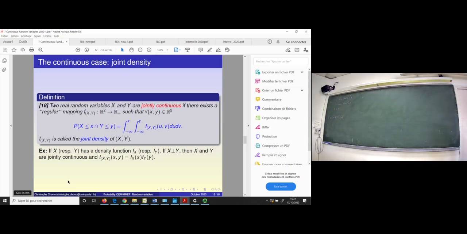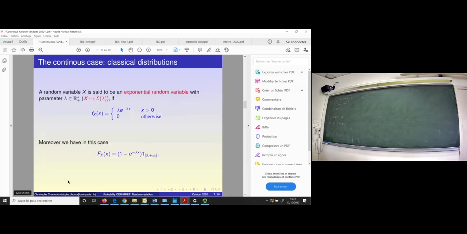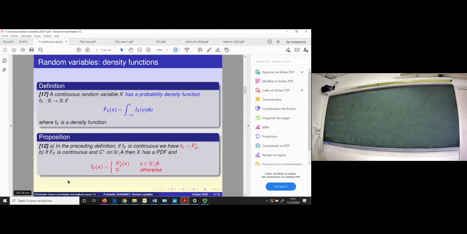I have the independence, so the probability of the intersection is equal to the product of the probabilities. But I know that each of them has a density function. And from the definition of having a density function, that is definition 17, each of these terms may be expressed using the density function.